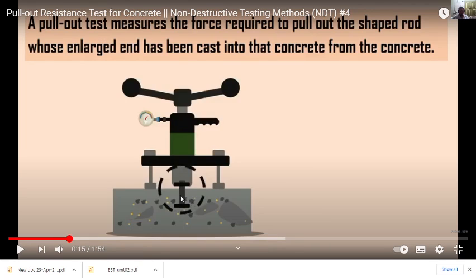Here you can see my arrow, and this is the pressure gauge. You will see how much force or pressure is applied, and this is the knob for applying the load or pressure.